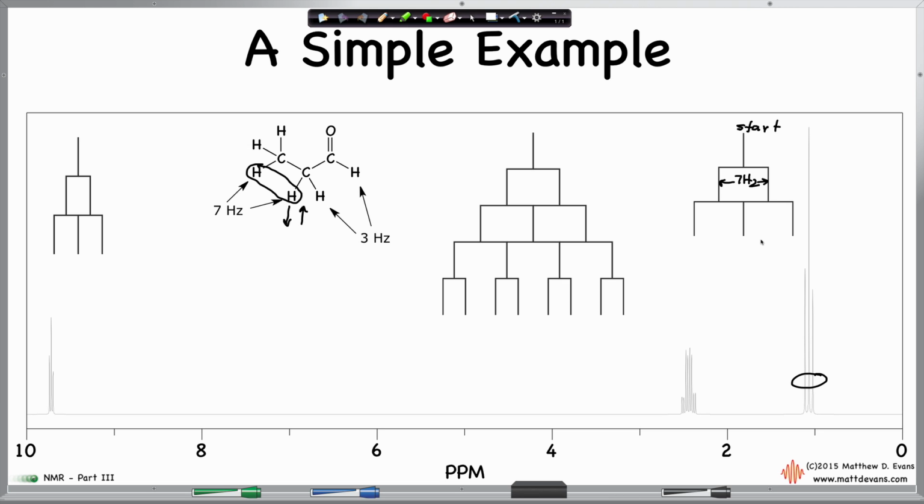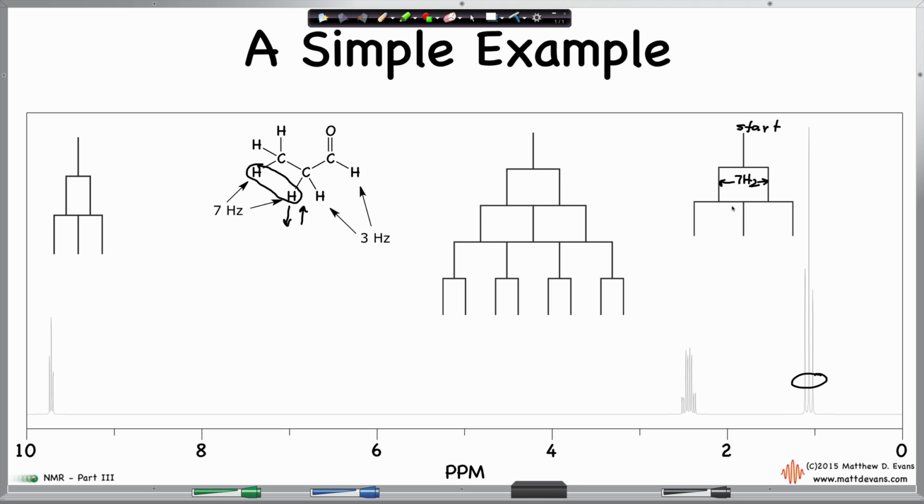Whether the neighboring proton is spin down or spin up, that's 7 hertz. That's why we've drawn this splitting diagram such that there's a gap of 7 hertz. By the way, I drew these in Illustrator, so these are to scale, and that's really important when it comes time to make tree diagrams. You'll either have to do this on graph paper or in a program like Adobe Illustrator.